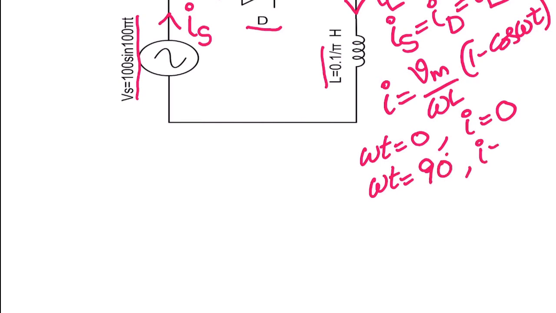At 90 degrees, the current will be i equals Vm by omega L. Why?